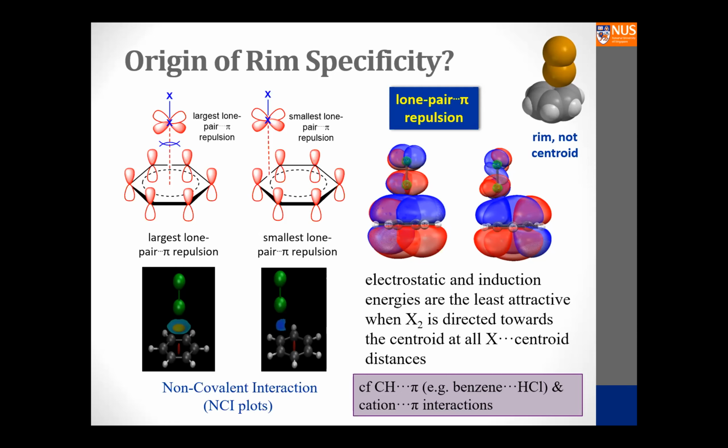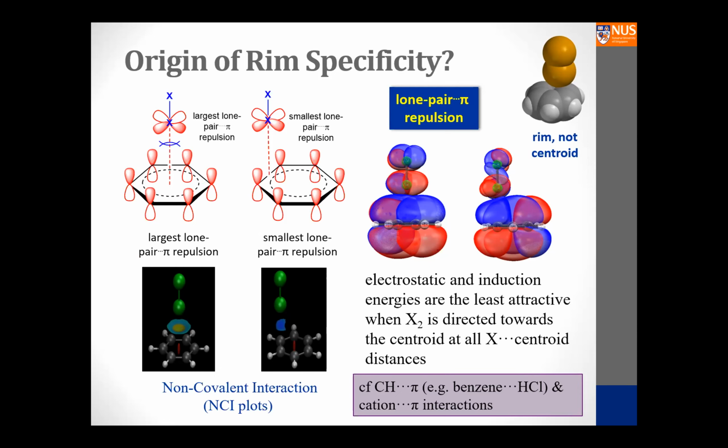The explanation turned out to be quite simple. When you have a halogen atom, along the C-X axis you have the sigma hole, which will interact with the pi electron density or MO, but you also have the lone pairs. In this case, you have two other lone pairs, perpendicular to the sigma hole, which will repel the pi electron density.